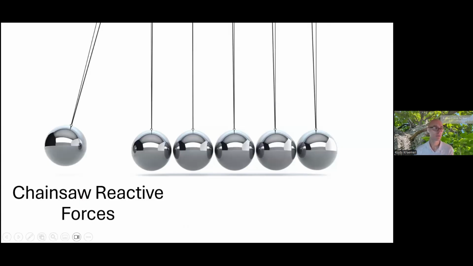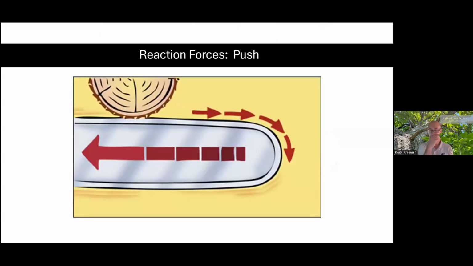Let's talk a little bit about chainsaw reactive forces. There are three. They are push, pull, and kickback. We'll talk a little bit about each one. So the first one, push, as that chain is moving around, it'd be the small arrows moving in that direction.